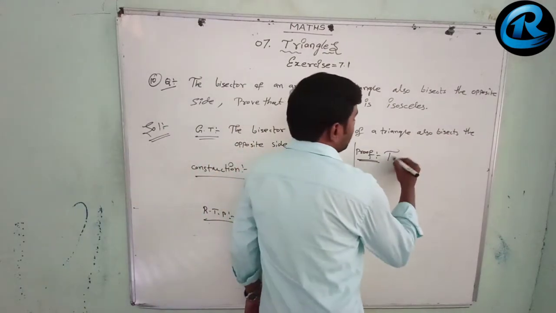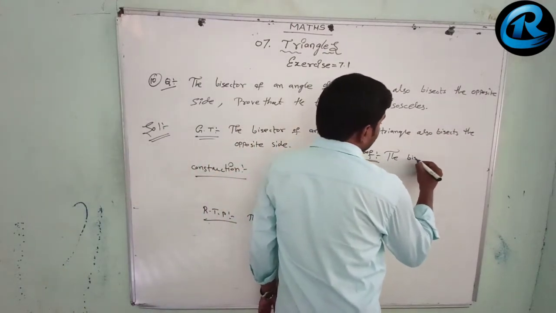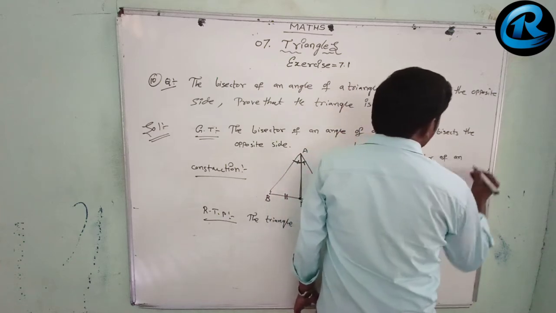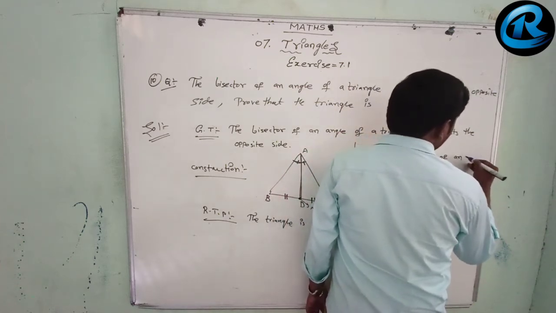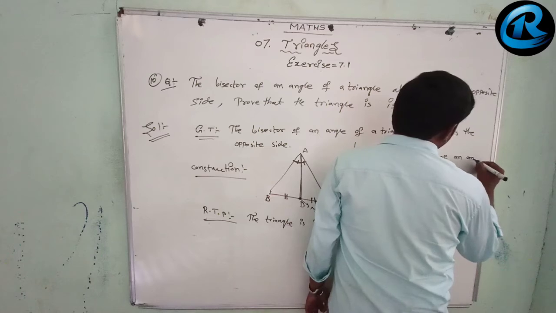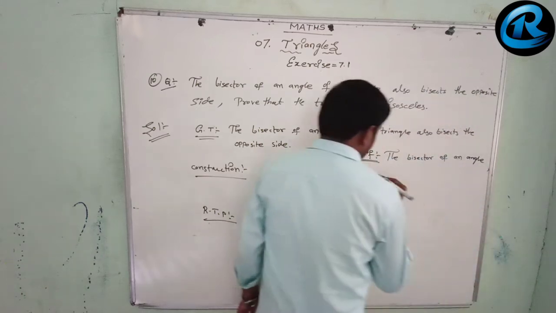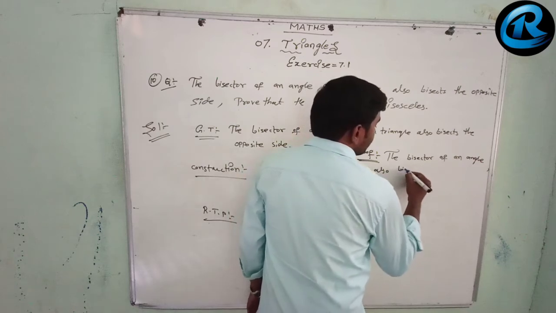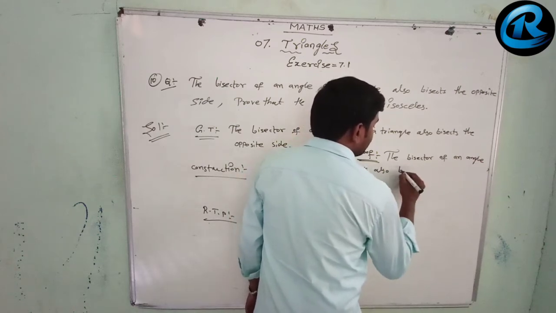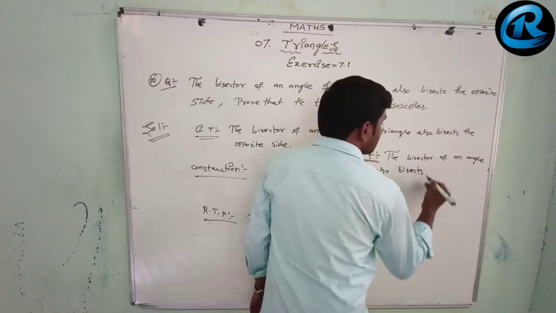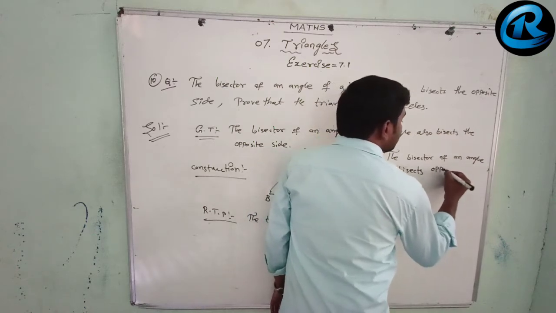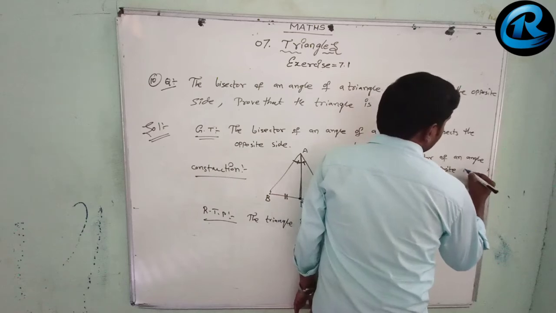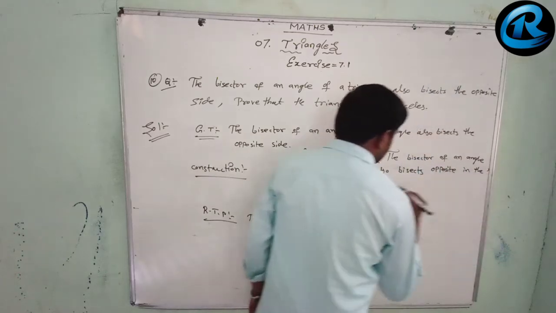The bisector of a vertical angle, or bisector of an angle, also bisects the opposite side in the same ratio.